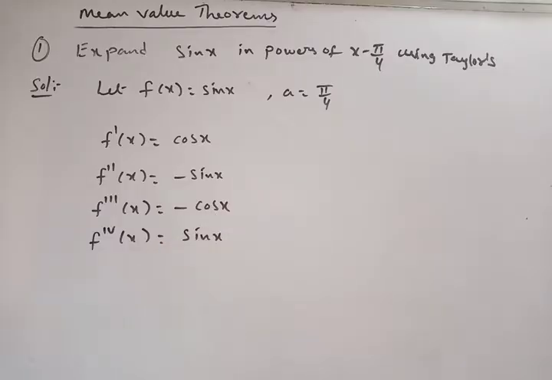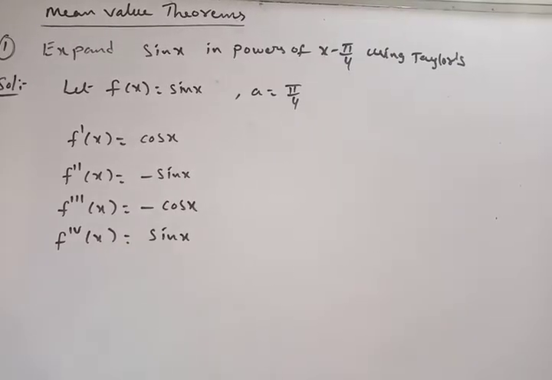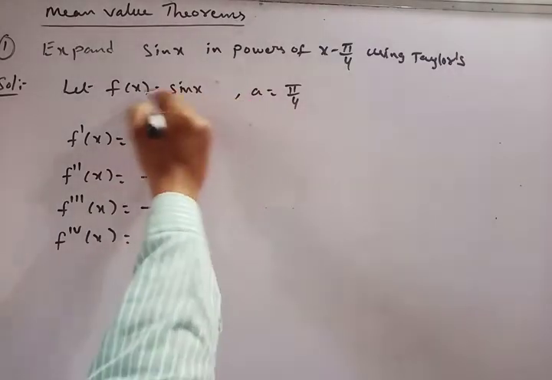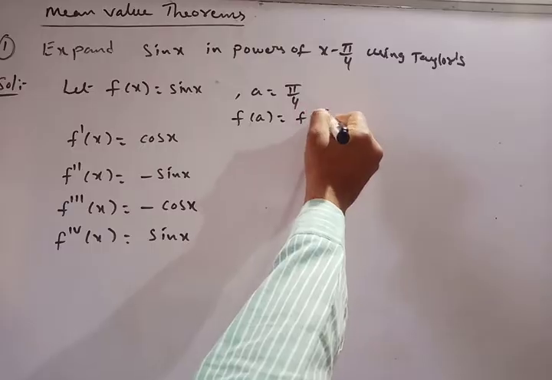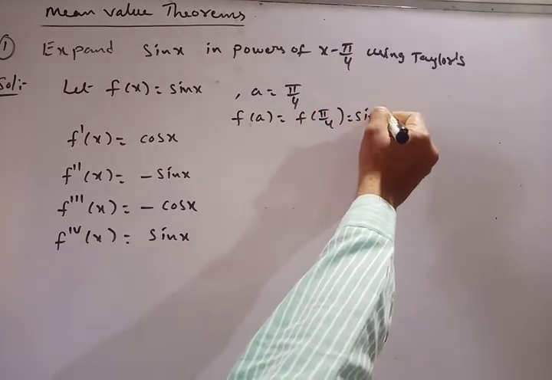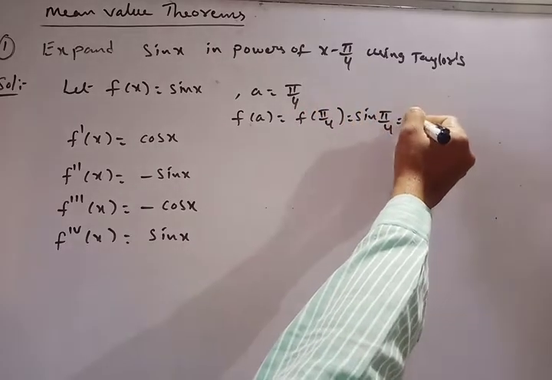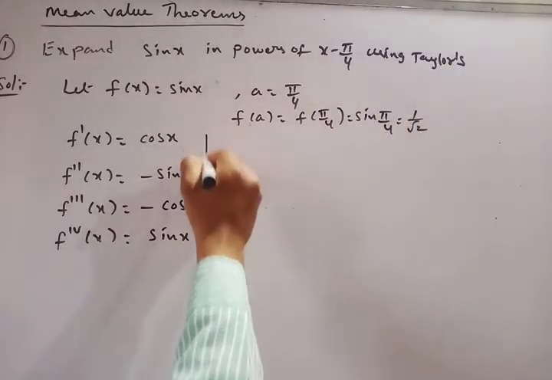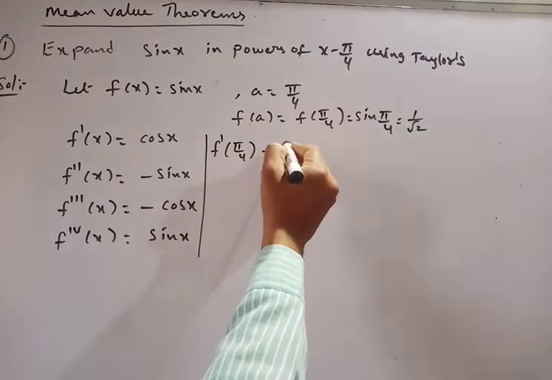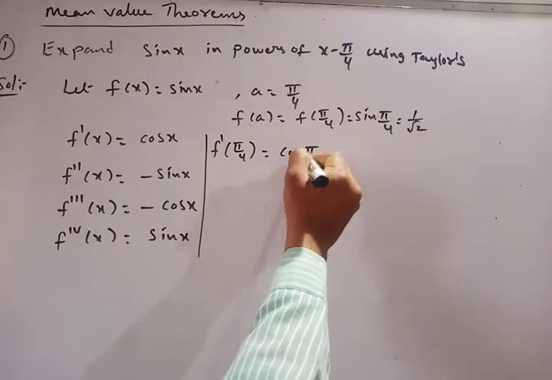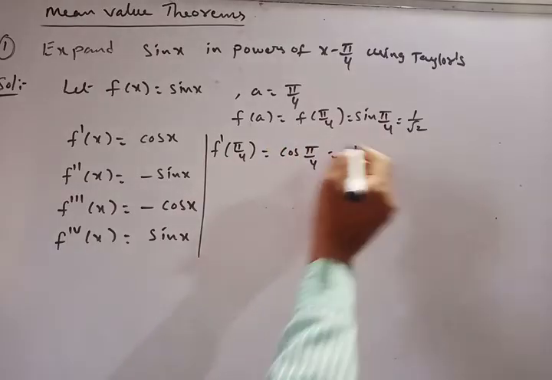Correct? Now I need the value of f of a. F of x is sin x, so f of a is f of pi by 4, which means sin pi by 4. Sin 45 is 1 by root 2. Then f dash of a is cos pi by 4, and cos 45 is also 1 by root 2.